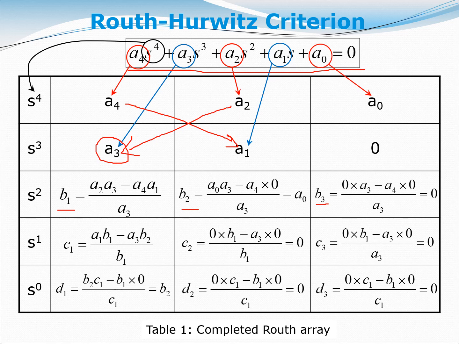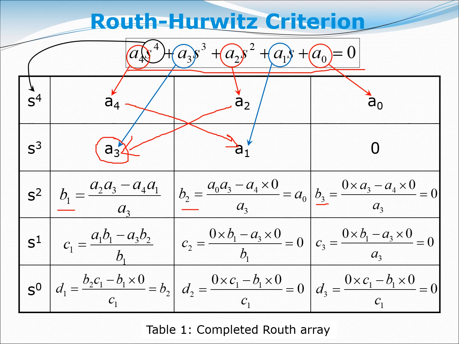For b3 there is a virtual column that you need to use, which is 0 multiplied with a3 minus a4 multiplied with 0. Actually there is another column, the fifth column, which is all zeros, so I didn't put it in this slide. Basically we get 0 and divide by a3.